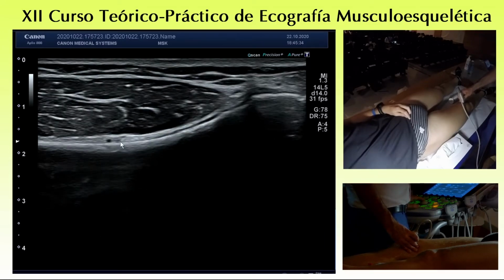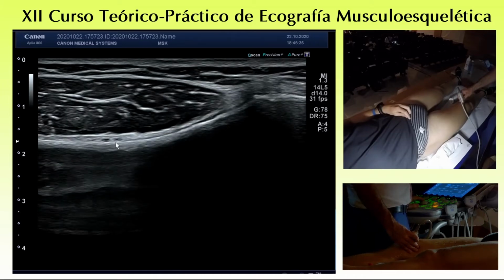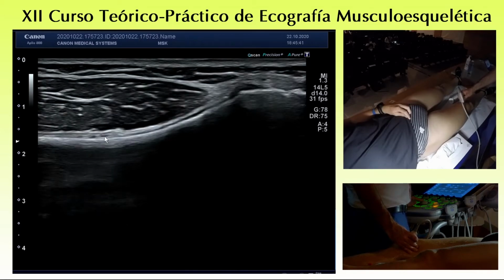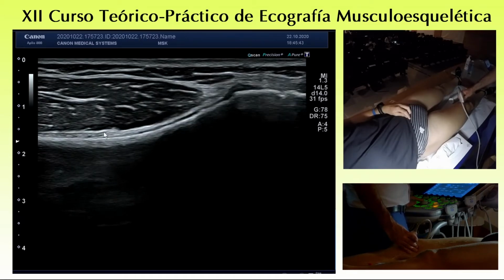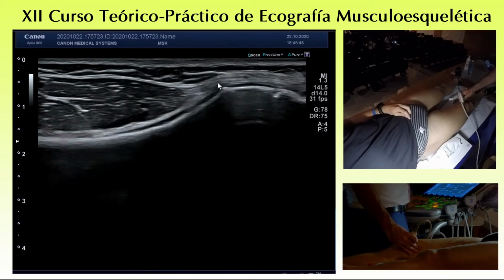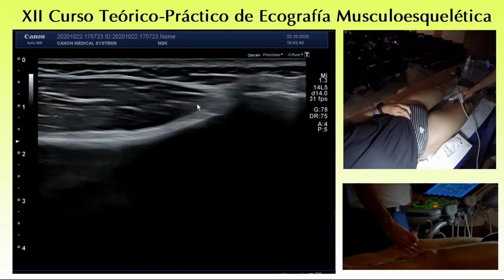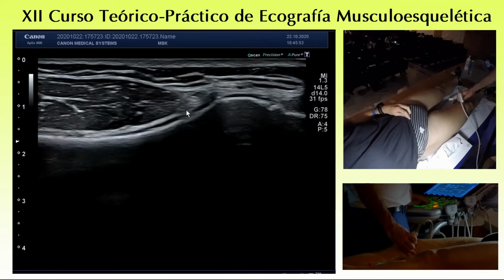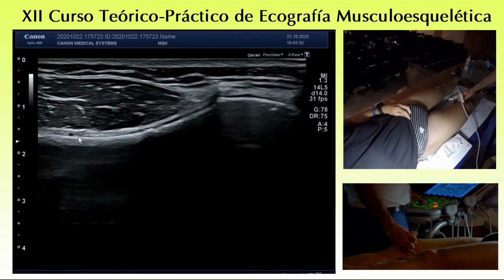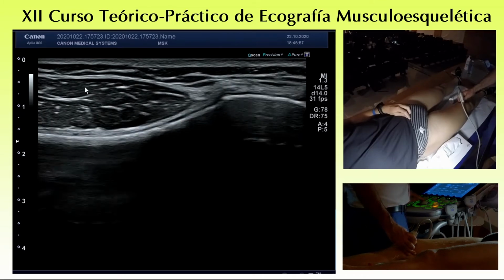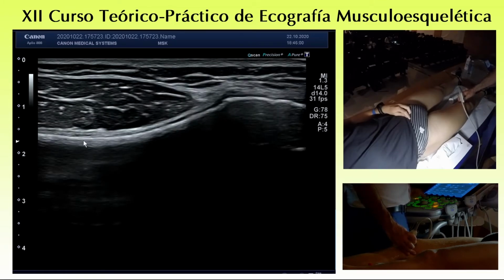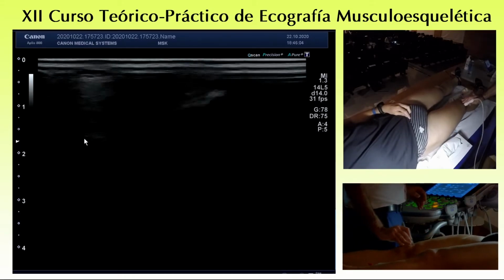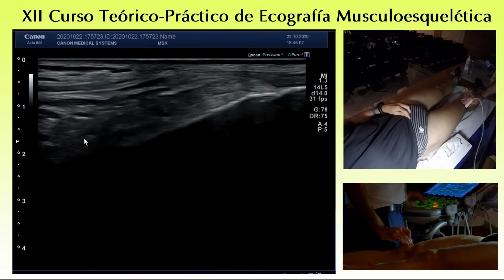Again, you have the genicular vessel, and close to the vessel, you have the nerve. It's a quite safe approach again. So this is the superomedial. You look for the femoral medial condyle, go back along the slope of the femoral shaft. You have the vessel in between the vastus medialis and the bone.